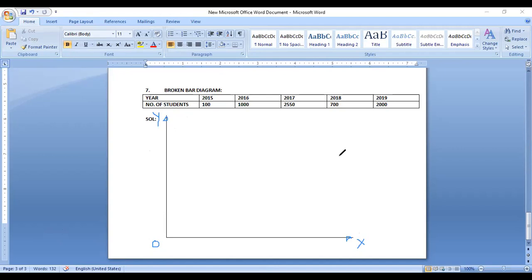Now on x-axis I will show years: 2015, this is 2016, this is 2017, and this is 2018, and this is 2019.